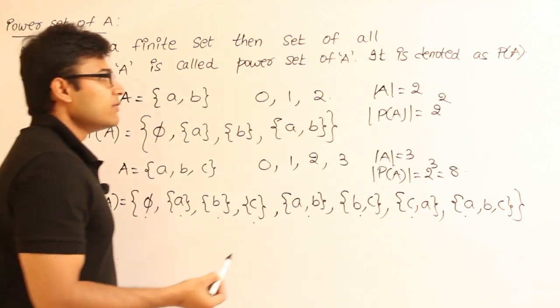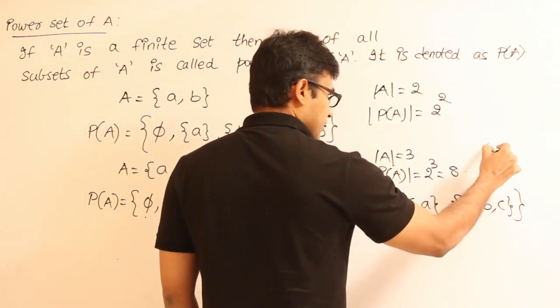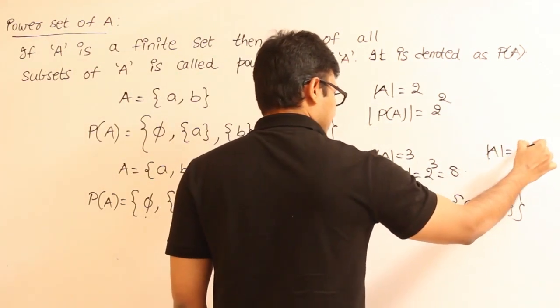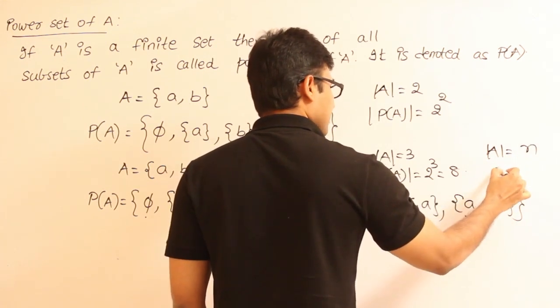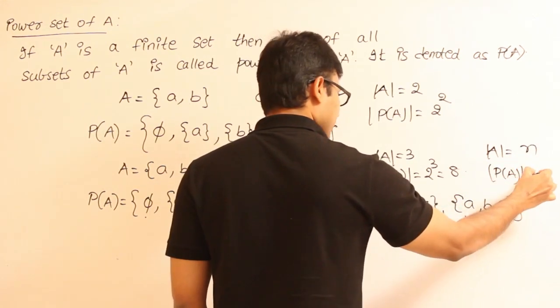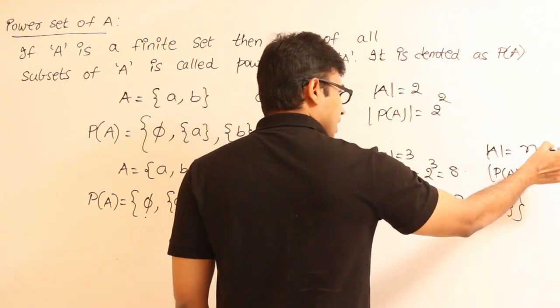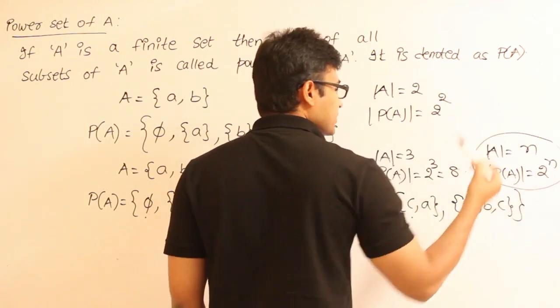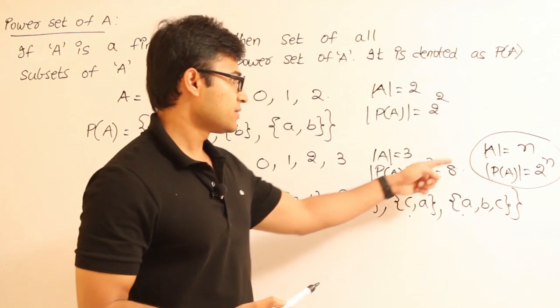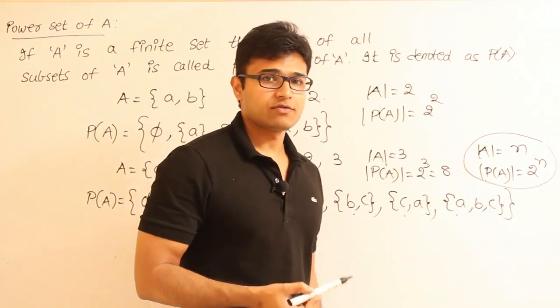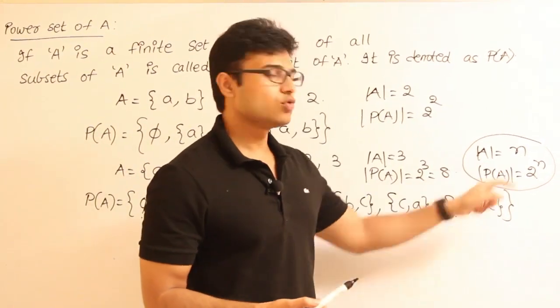In general, if a set A contains n elements, then the power set of A contains 2 power n elements. Are you getting this? One other way of saying it is, if a set contains n elements, then the number of subsets for that set is nothing but 2 power n.